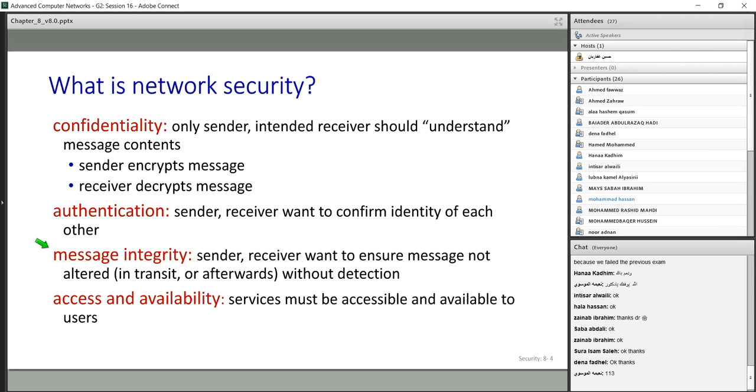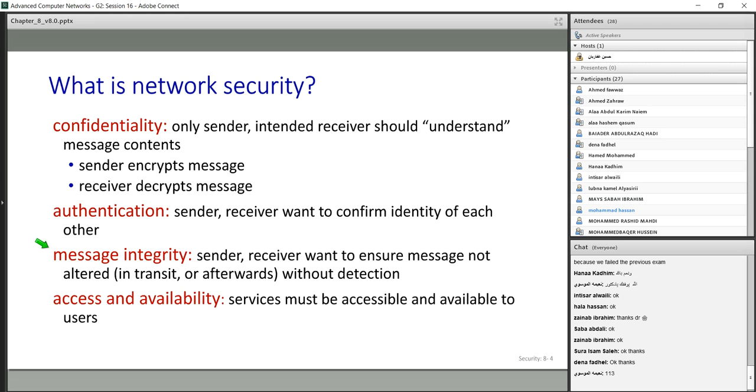They are easy, but they are very powerful attacks. And they try to cut the access of legal users to a server. So access and availability are another aspect of network security.